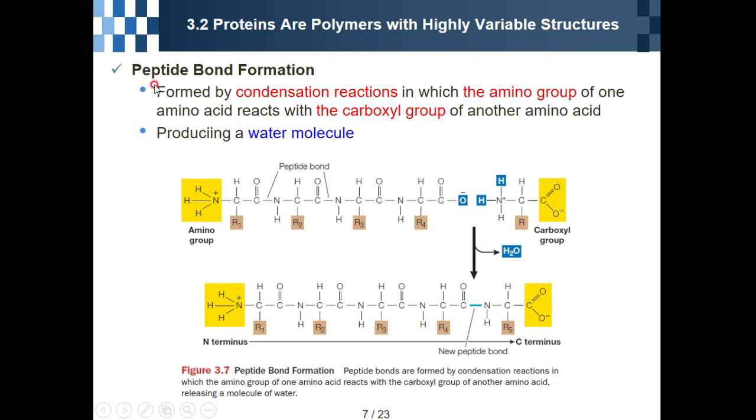In amino acids, peptide bond formation happens. A condensation reaction happens to make the macromolecules. Peptide bond formation is a condensation reaction, because it produces H2O. They make a covalent bond like this, and we call this bond a peptide bond.